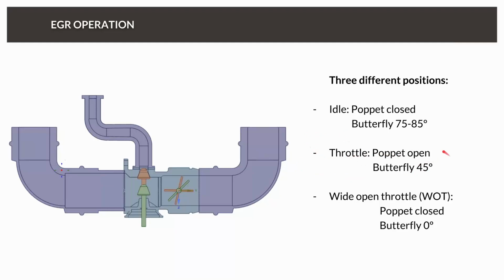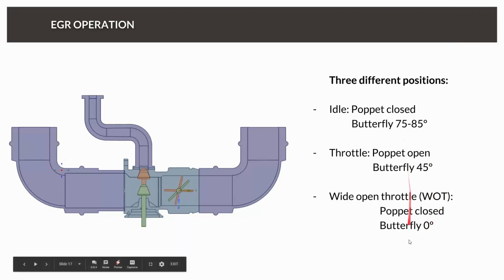For throttle, the poppet opens and the butterfly goes into a 45-degree position. And the wide open throttle, on an automatic when you kick down the throttle, is the mode where the poppet is closed and the butterfly is completely opened.